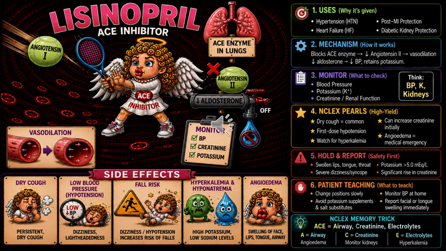And since we have less aldosterone, we're going to have more sodium release and more water release. That might increase a little bit of how much you excrete as far as your urine goes, especially with sodium and water, but it's not like a diuretic, okay? It's not as intense as a diuretic. So keep that in mind.